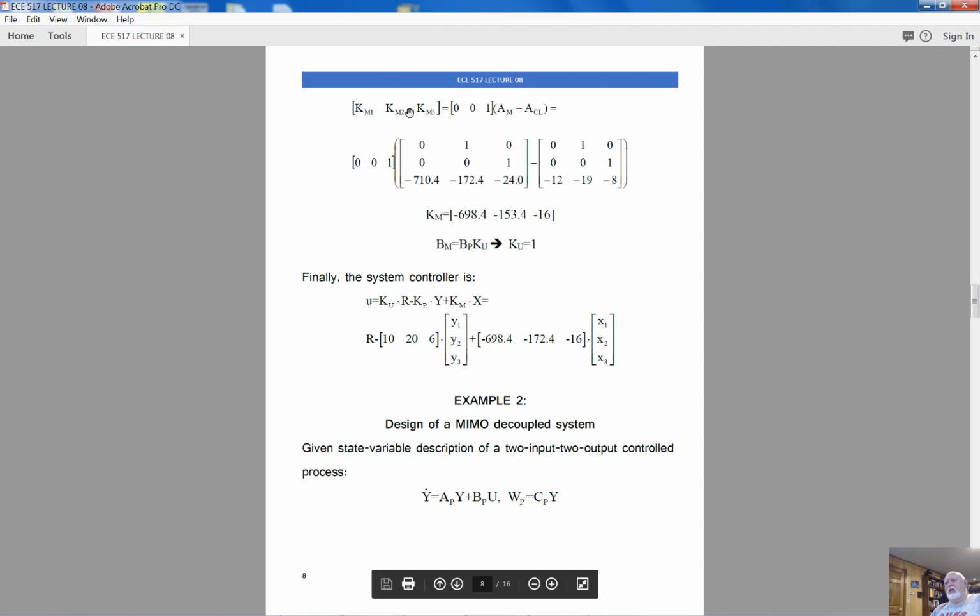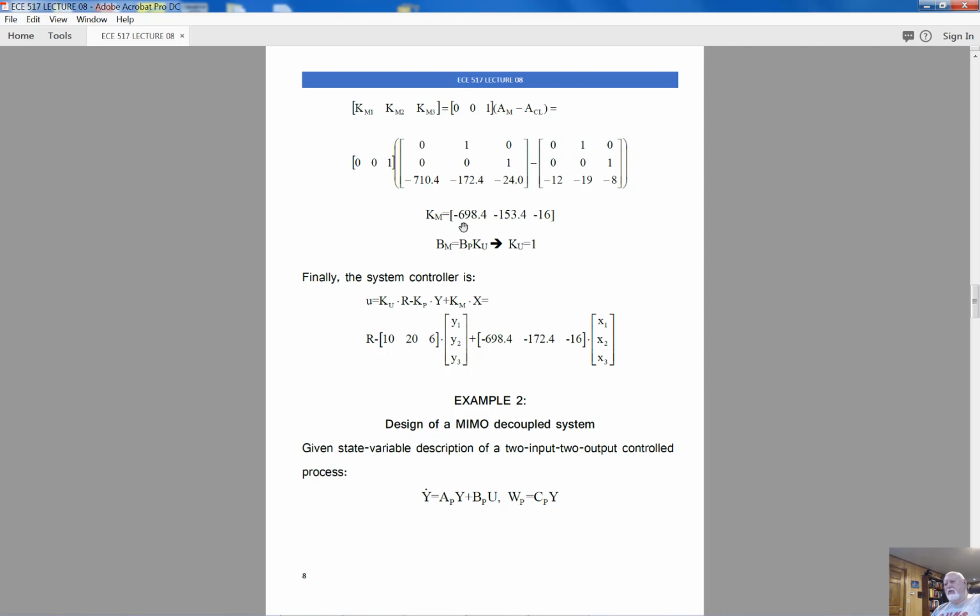And from this expression, if you would carefully look through the matrix transformations that are very straightforward, you will find out that matrix Km is equal to this expression. This is the matrix Km that we have to have.